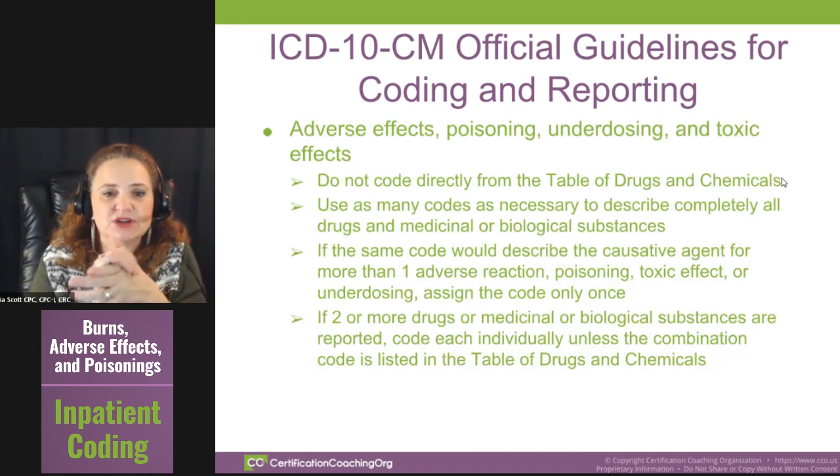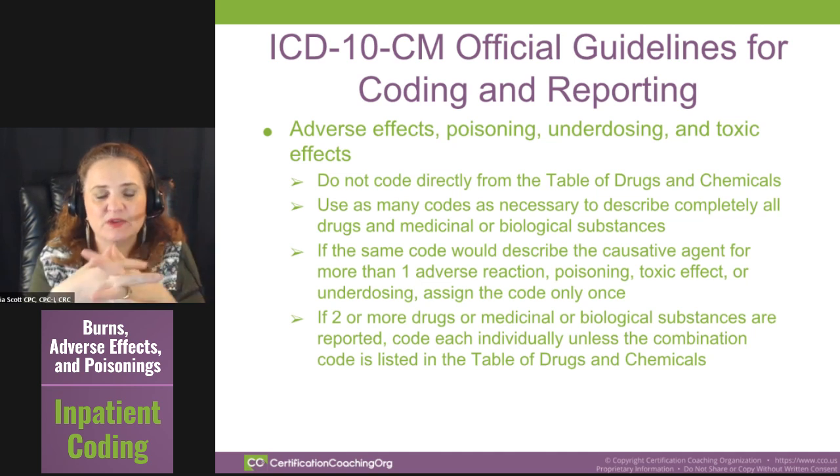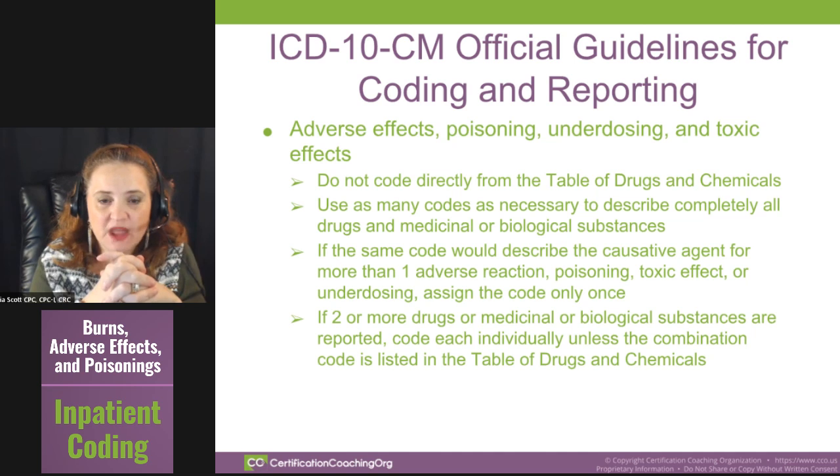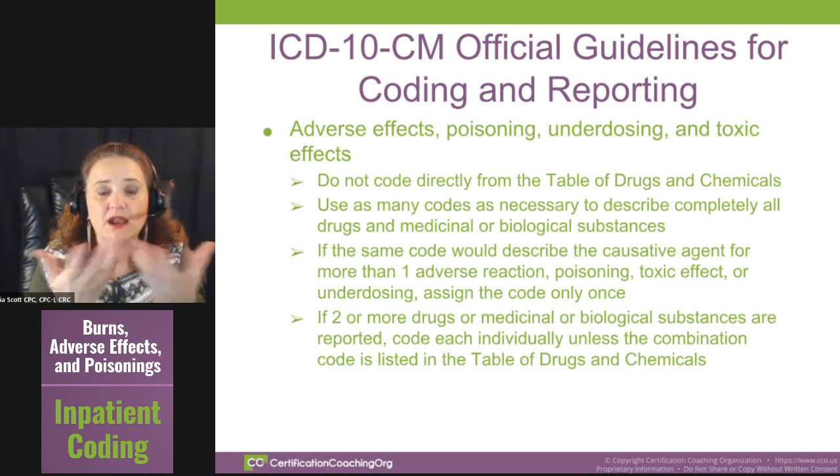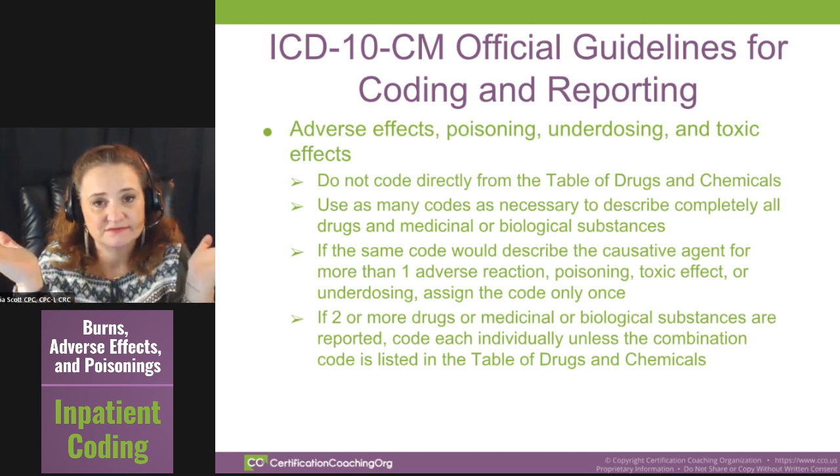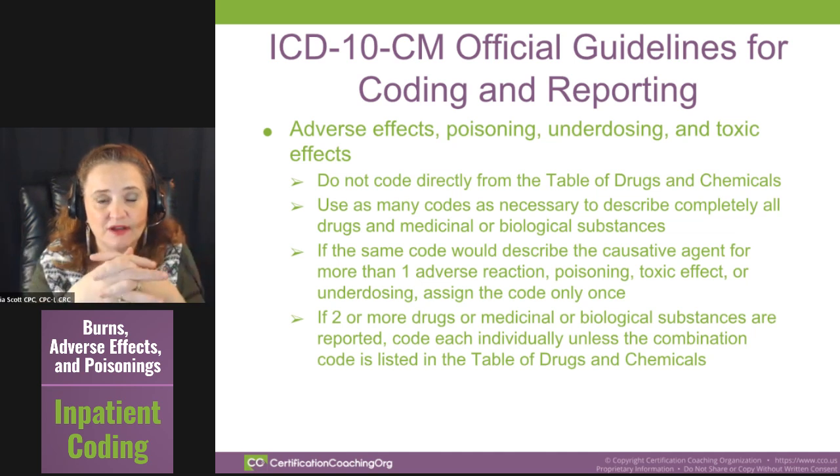Now we're going to talk about the guidelines that happen with adverse effects, poisonings, underdosing, and toxic effects. Adverse effect is, I took the medication correctly, but I broke out in hives. That's how I think of adverse effect. Poisoning is that I didn't take the medication correctly.